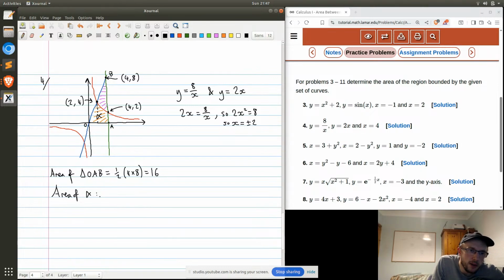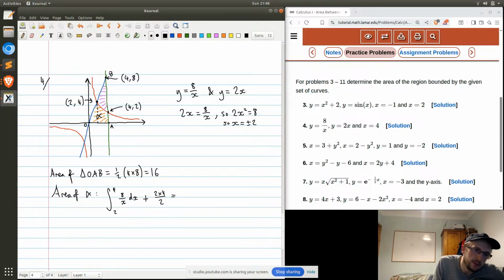And I get the piece on the right by doing this. 2 to 4 of 8 over x dx. That's on the right. Plus, that guy there is 2, 4. So it's really just 2 times 4 over 2 is a naught. And there you go. Now, how to actually get this?